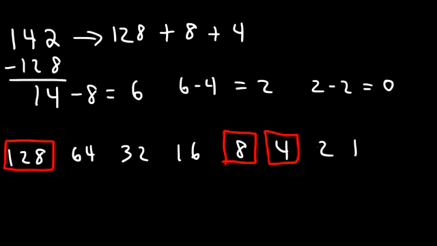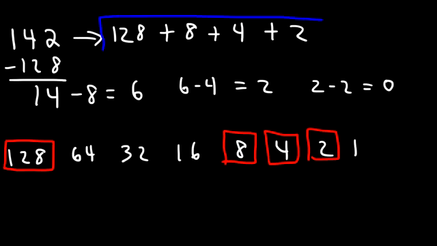So we could stop at the 2. And so you could check it. If you type in 128 plus 8 plus 4 plus 2, that will give you 142. So make sure that these numbers add up to this number. So you want to find all the base 2 numbers that add up to this number. Once you do that, then you can convert it into a binary number.